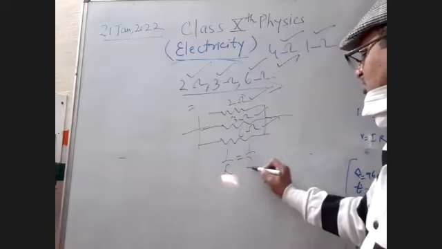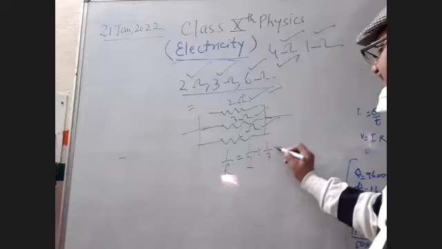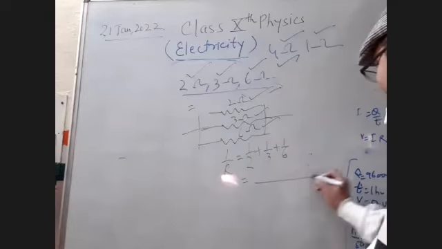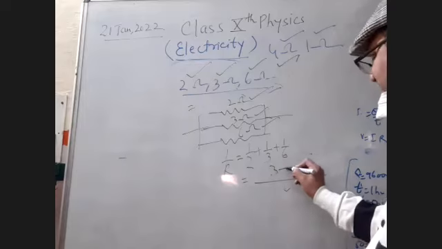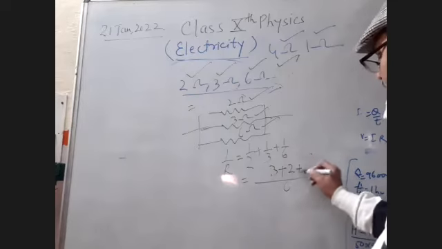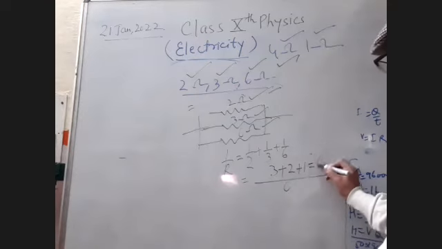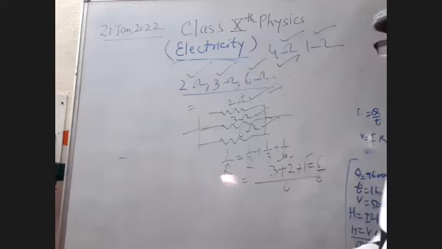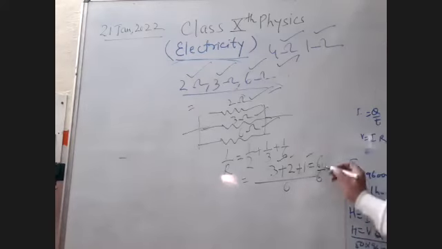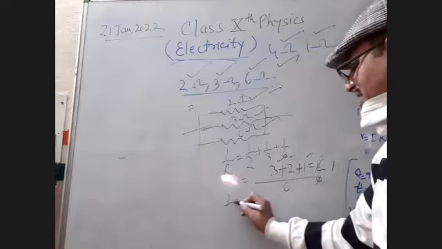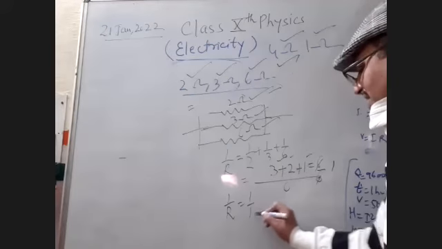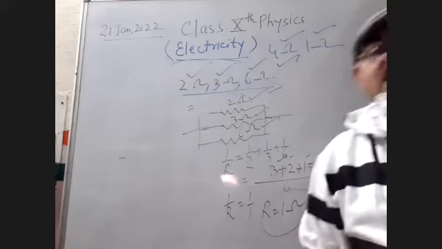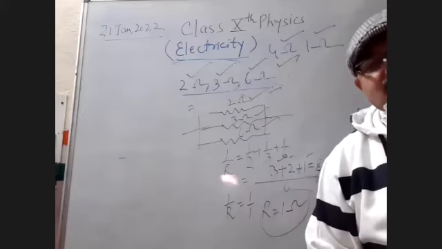So I'll put the values: 1/2 plus 1/3 plus 1/6. Clear here? Now LCM is 6, so 3 plus 2 plus 1 is 6, so 6/6, which is 1. Now 1/R is equal to 1/1, and R is equal to 1 ohm. This is my required answer.